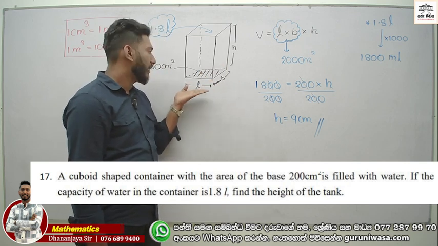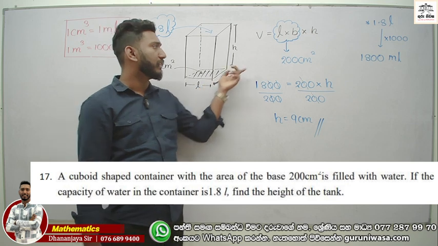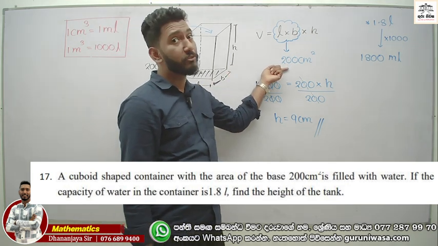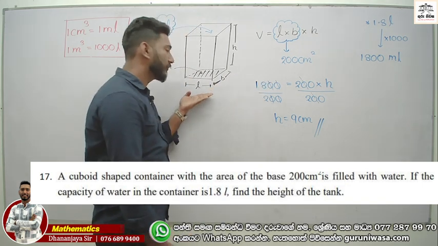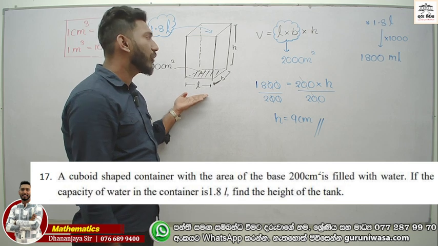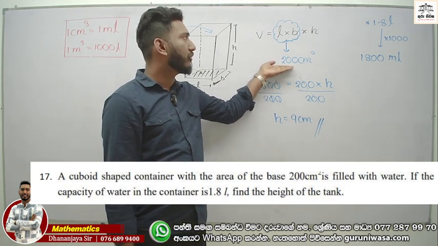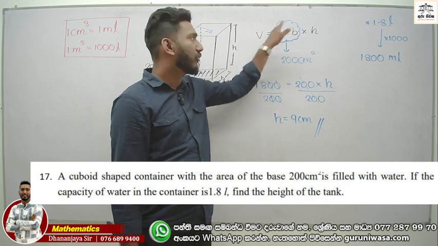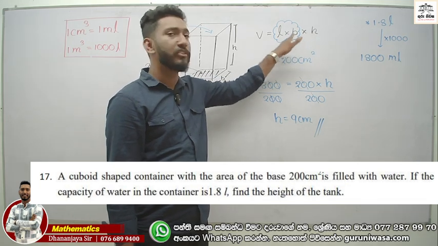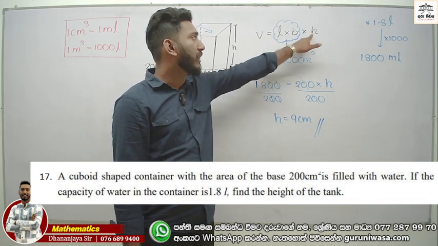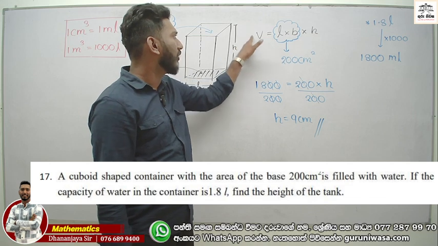Length into breadth becomes 200 cm squared, because the question says the area of the base of the cuboid is 200 cm squared. Now I am going to multiply by h, because volume is length into breadth into height. Length into breadth is 200 cm squared. Now h, we have to find the height. Now what is the volume?